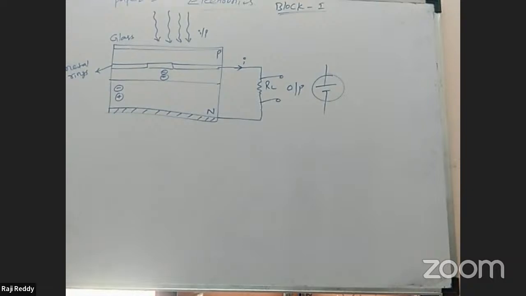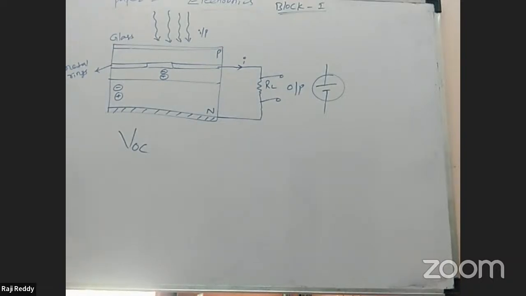The accumulation of electrons and holes on the two sides of the junction gives rise to an open circuit voltage, called VOC, which is a function of illumination.